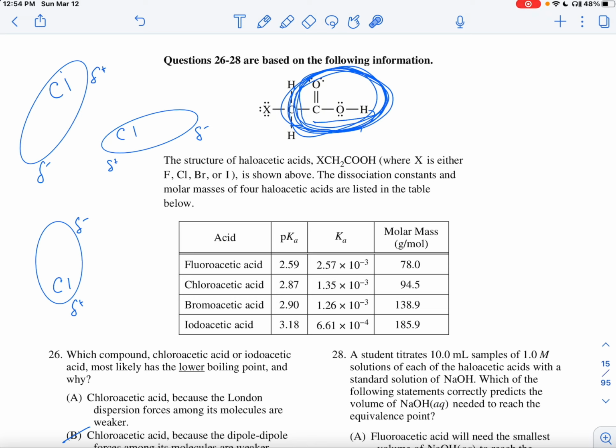And so the way you'll usually hear that communicated is the higher the mass or the molar mass, the stronger the LDF will be. Kind of misleading because mass isn't really electrons, but that's usually how it's communicated. Because mass comes from protons and neutrons, so if you have more protons, you also have more electrons. So that's usually how you'll hear it. The higher the mass or molar mass, the stronger the LDF is going to be.